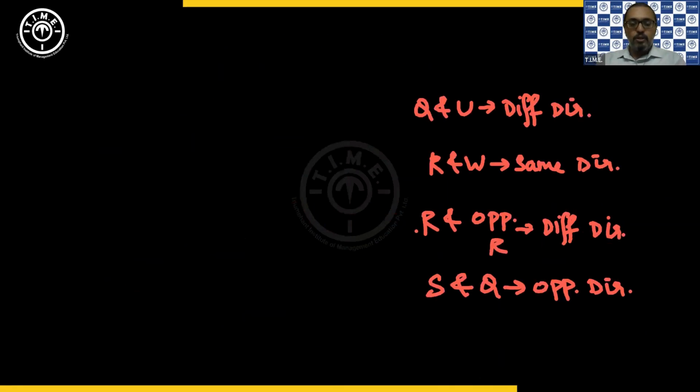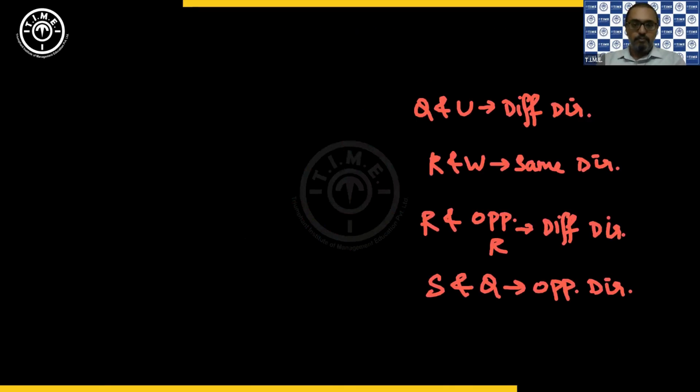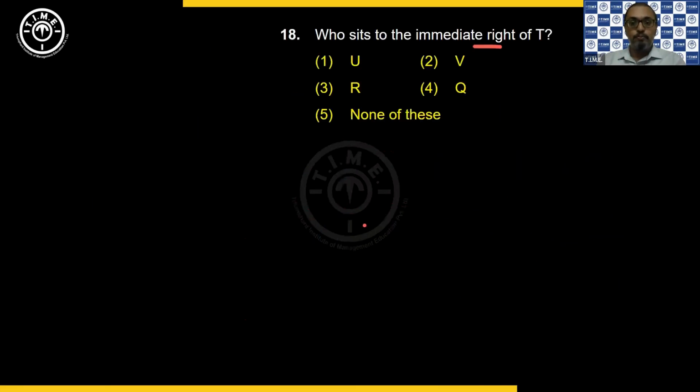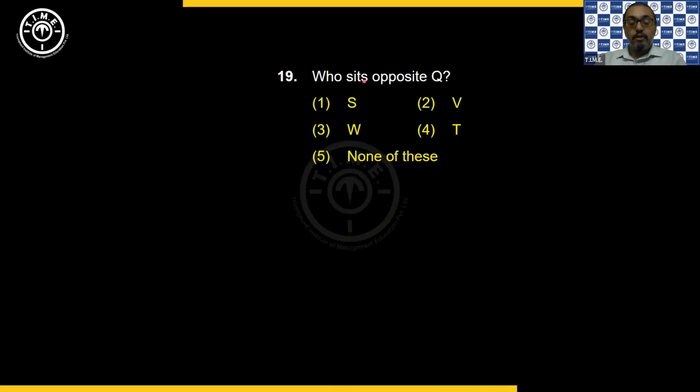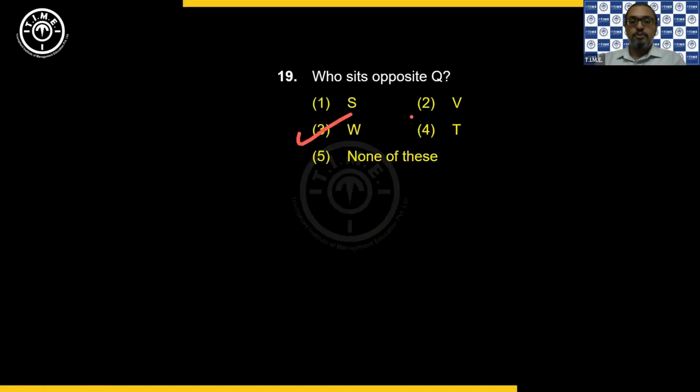Okay, so now look into the questions. Now, who sits immediate right of T? Okay, now we know T is facing away, right is clockwise, immediate right you have is U, first option. Then who sits opposite Q? So opposite to Q you have is W. So third option.